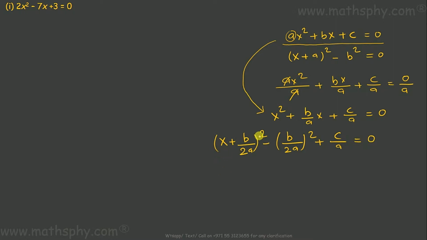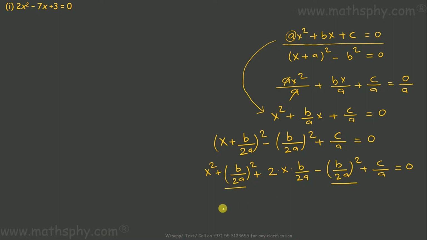This is (a plus b) whole square, so this will be a square plus b square, meaning (b over 2a) whole square, plus 2ab, 2 into x into b over 2a. So (x plus b over 2a) whole square becomes this, a square plus b square plus 2ab, minus this here, (b over 2a) whole square, plus c over a equals to 0.